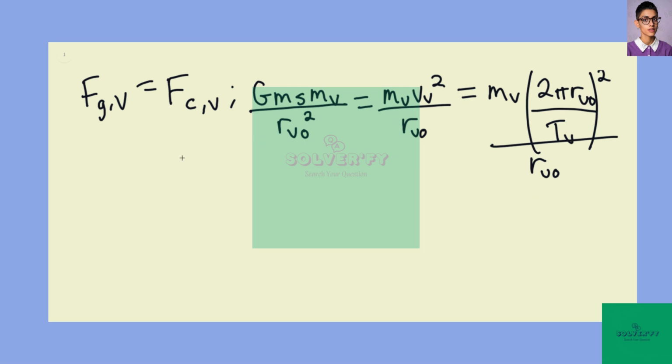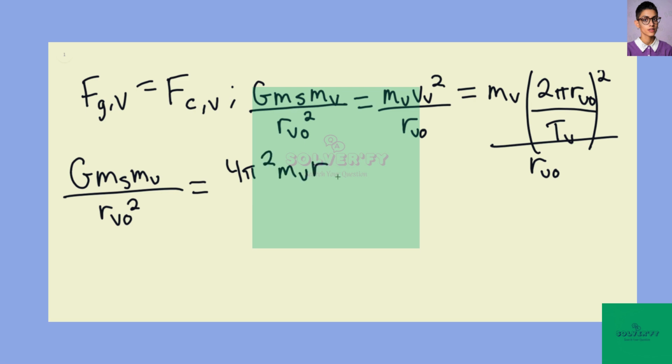And so we have that G M_S M_V divided by R_VO squared equals 4 pi squared times the mass of Venus times the radius of Venus's orbit divided by the period of Venus's orbit squared.